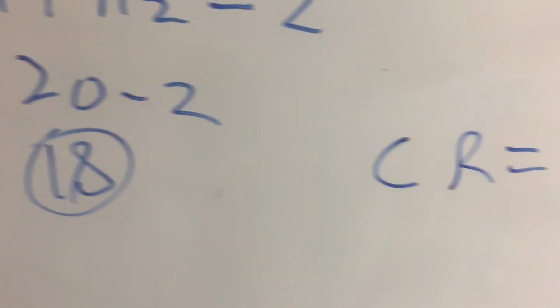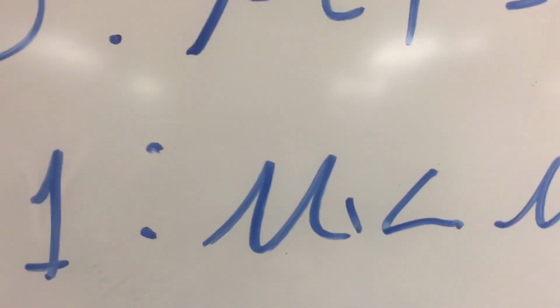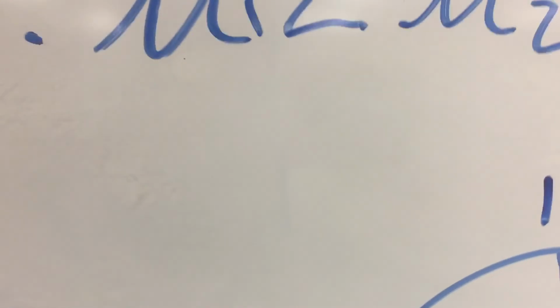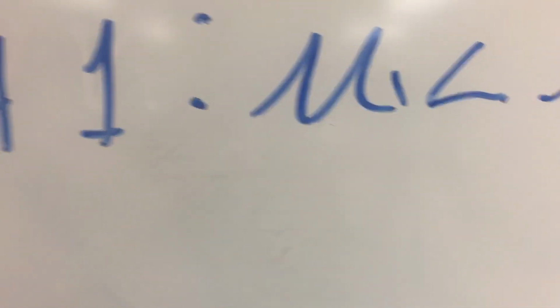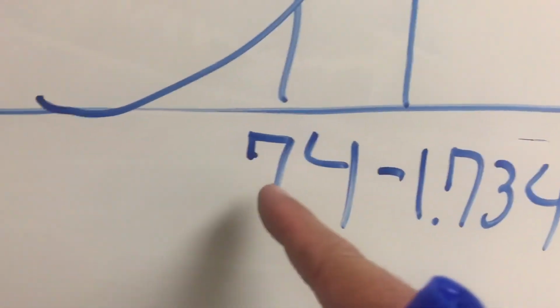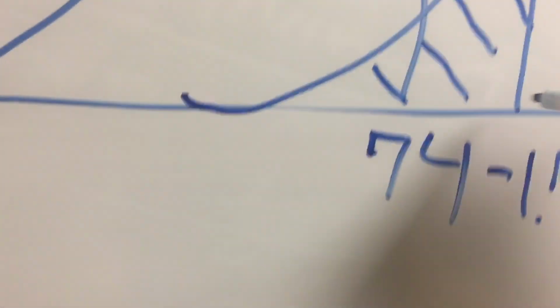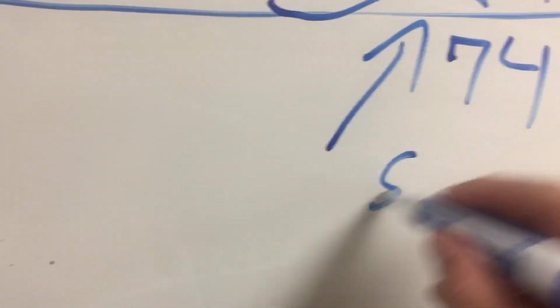Since this is a less than, group 1 is going to be less than group 2, my critical region is going to be negative 1.734 standard deviations from the mean. That means that 74 needs to fall in this region of 5%. That's what this is, 5%.